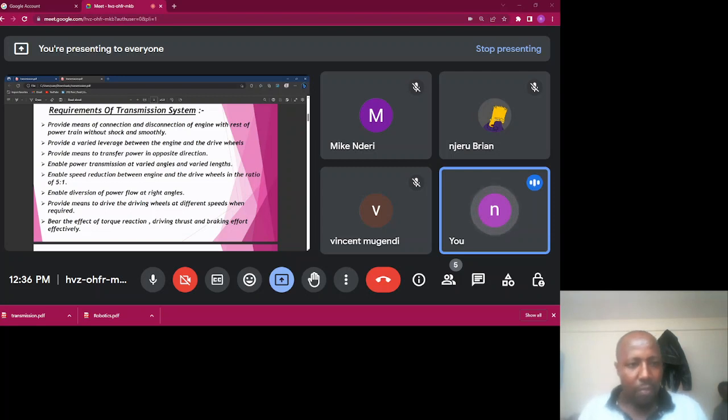You can remember the propeller shaft is not one piece. It is joined with the universal joint, and the main function of the universal joint is to transfer that motion at varied angles.